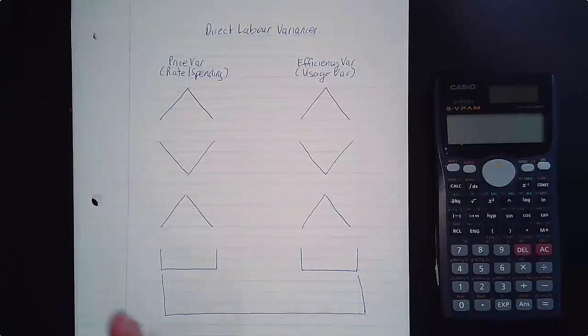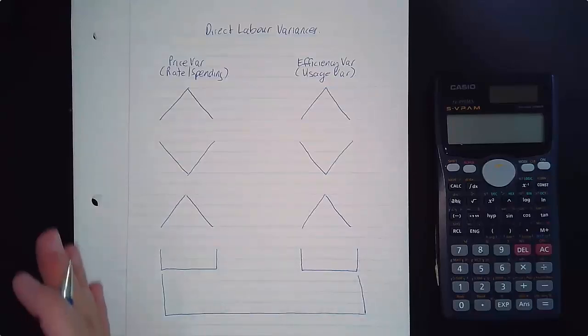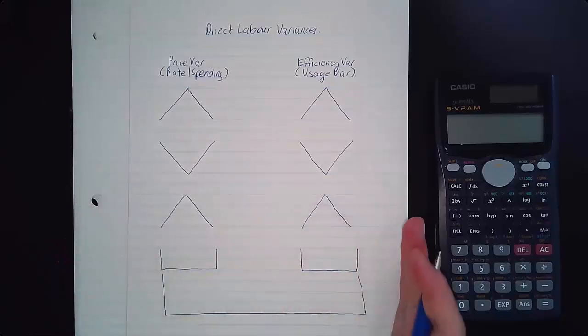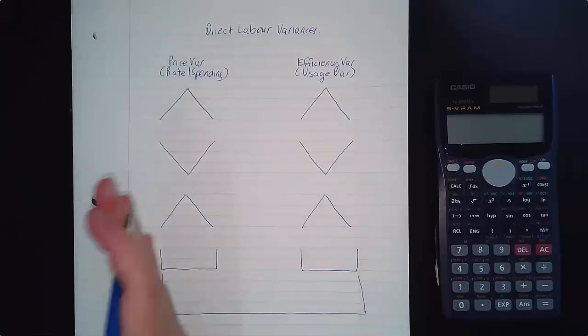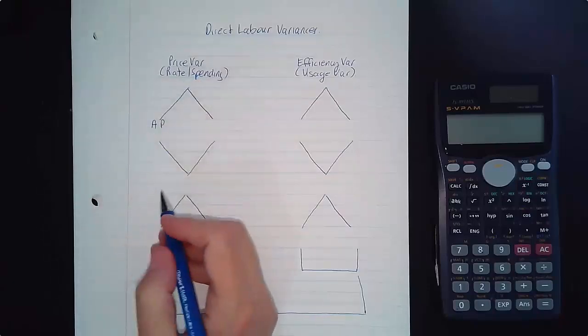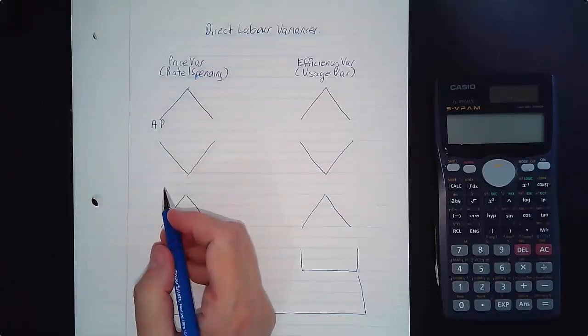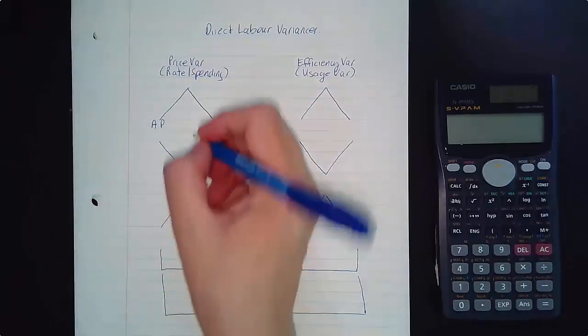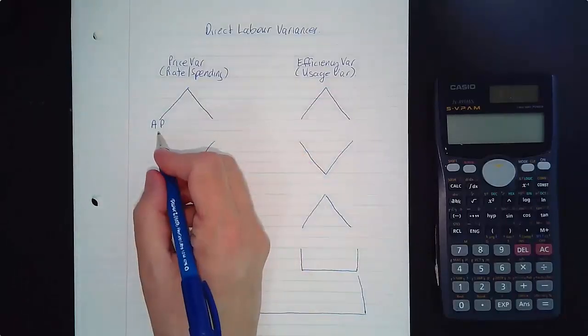Now, we know that the alphabet moves from A on the left-hand side to Z on the right-hand side, and we're going to use that knowledge to know which price should we put first. So A comes before S, so we're going to do the actual price. And in this case, price, of course, means the rate at which you pay your employees. So I'm putting that on the left-hand side of the diamond.